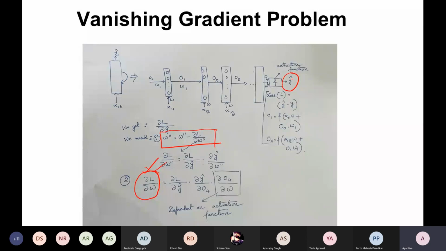So this is the problem for deep learning networks. Whenever you are increasing the layers, theoretically your accuracy should increase.